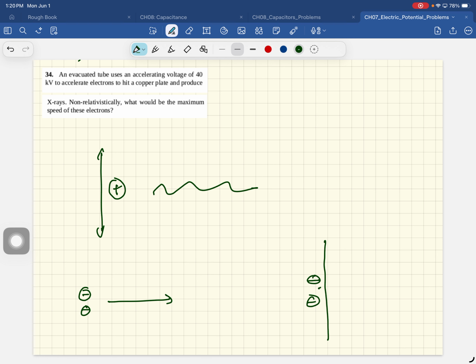Okay, this is the last problem we'll do.